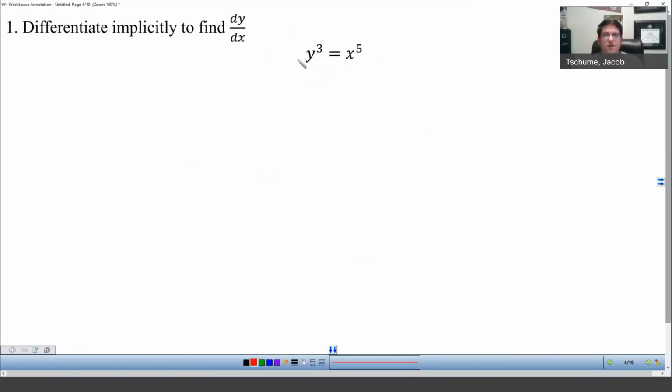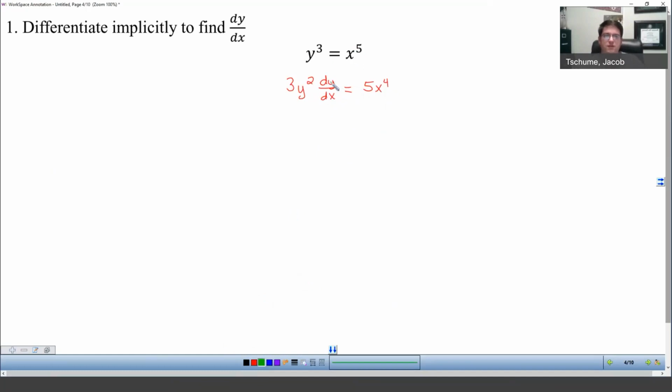For example, the derivative of y cubed would be 3y squared. But anytime you take the derivative of a y term, you have to add a dy dx term onto the end of it. We'll bring down our equal sign, and the derivative of x to the fifth is 5x to the fourth.